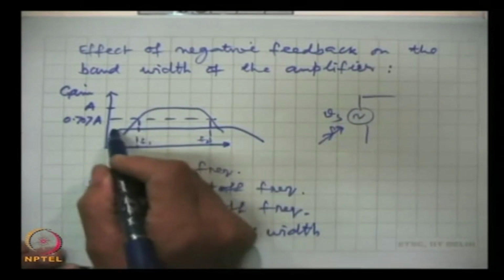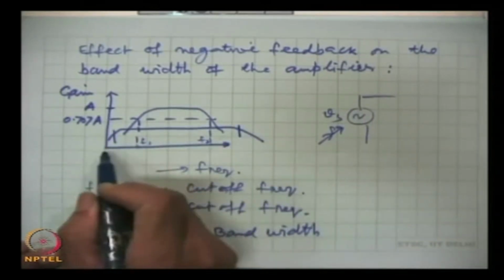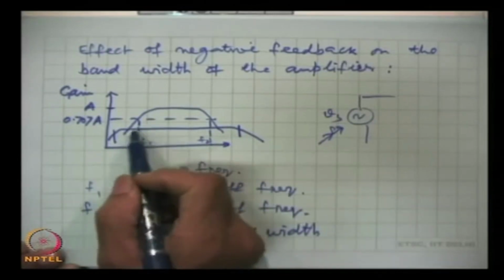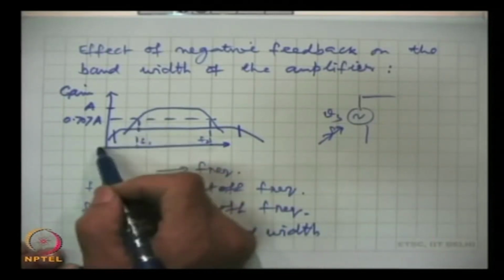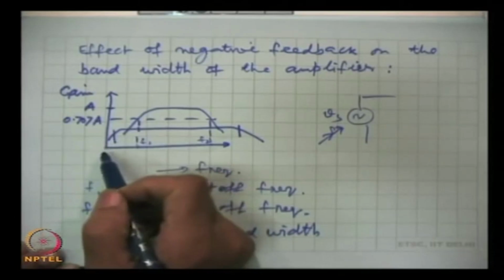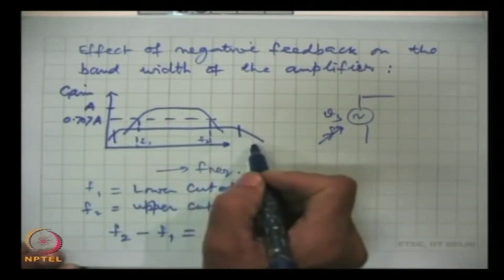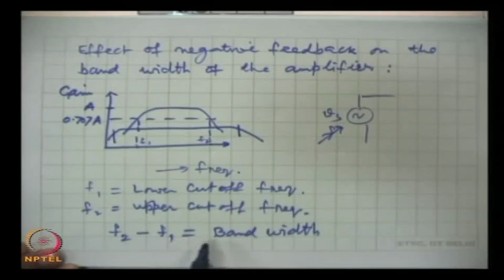So, here F1 also increases, F2 also increases. F1 increases means it becomes further lower. So, it falls actually, F1 falls and F2 rises. So, the bandwidth increases. Now, how does it happen? Let us briefly explain.